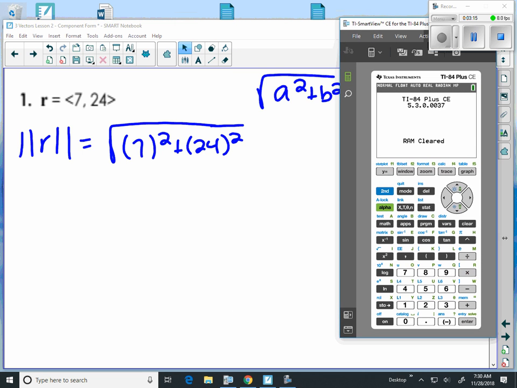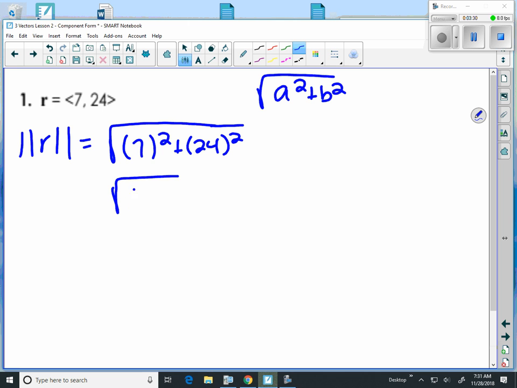So like I said, I'm a big fan of doing it in parts just because I don't want you to get anything wrong here. So do 7 squared plus 24 squared, which is 625. Okay, now keep in mind, that's under a square root. Okay, that number is under a square root. We haven't processed that square root yet.